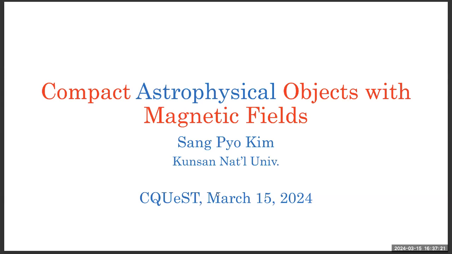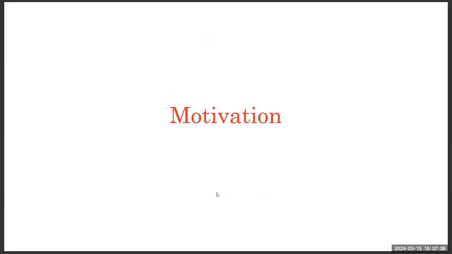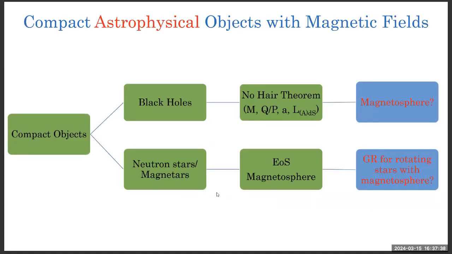Let me begin with some terminology about compact objects. Usually a compact object in general relativity means black holes, neutron stars, or magnetars.